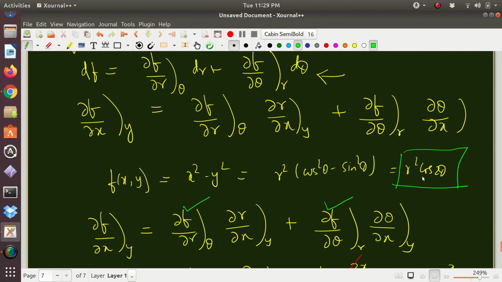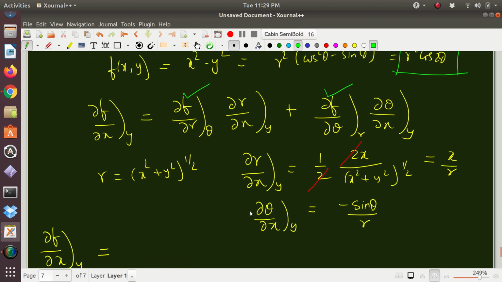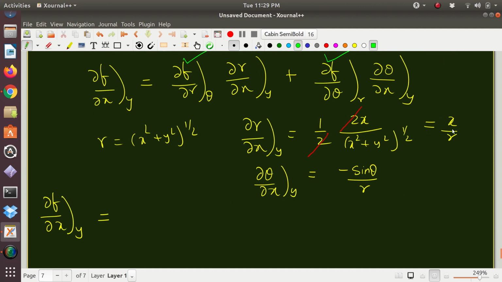And we just found partial r partial x at constant y, which is x by r, and that is also cosine theta. That is something we know from basic trigonometry. So now you will find that this is nothing but 2r cos 2 theta cos theta plus 2r sin 2 theta sin theta.